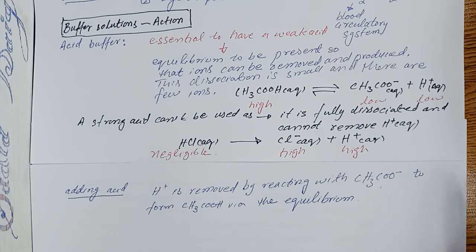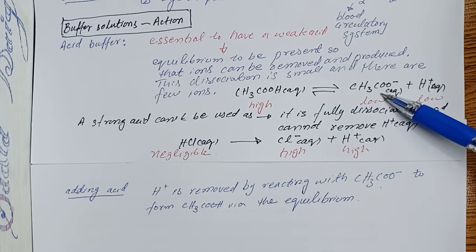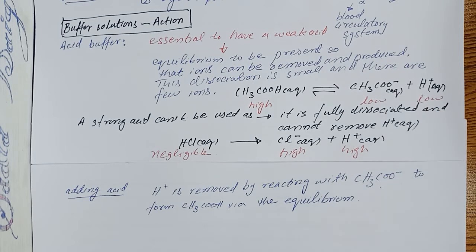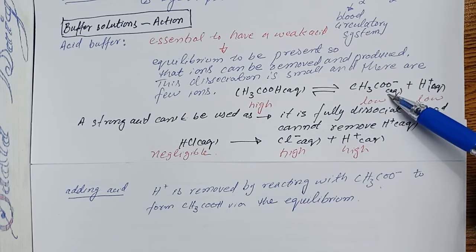So for the weak acid, unfortunately, the concentration of the acetate ion is small. Why? Because the acetic acid is not completely dissociated into its ionic species.